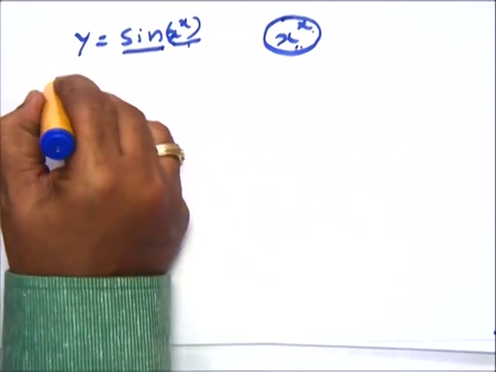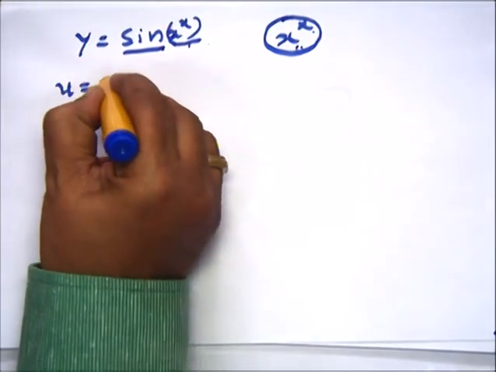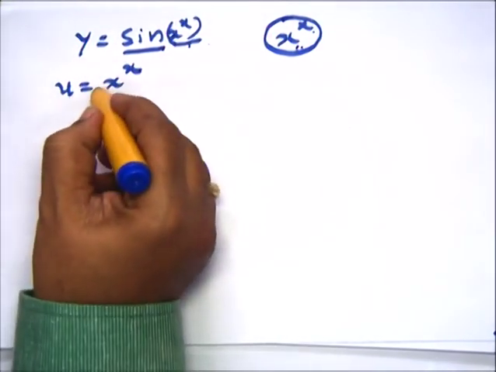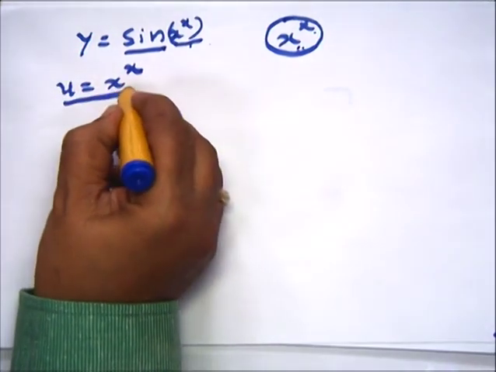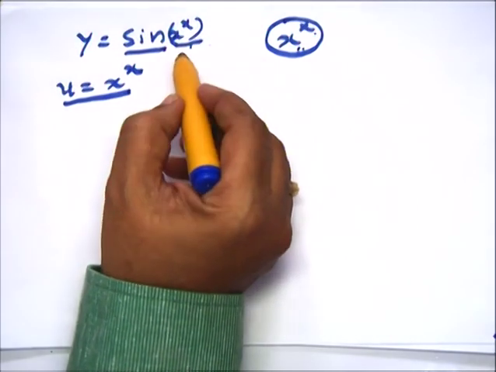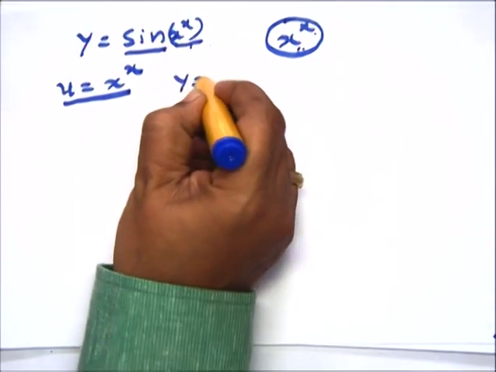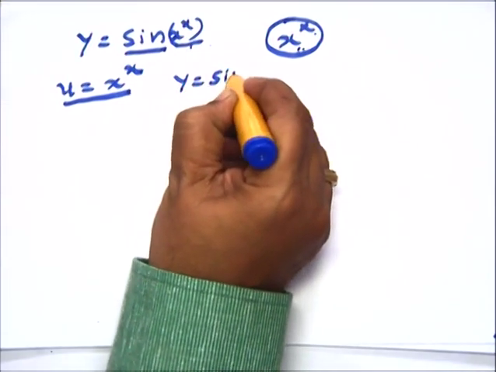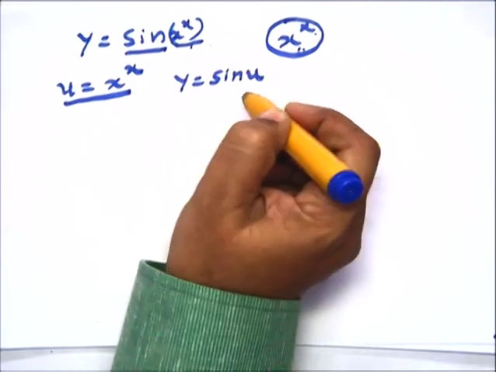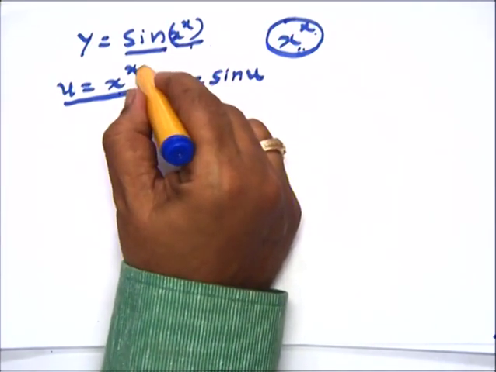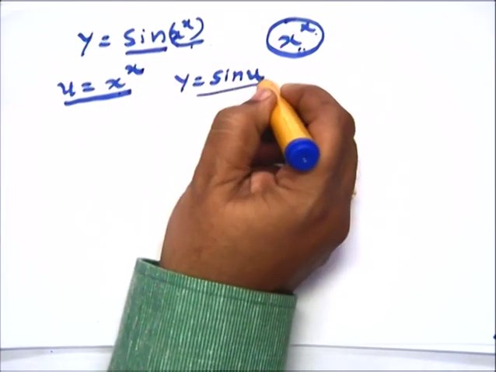So what we do here, we take u is equal to x raised to x. Now let us first differentiate this, because we need du by dx in this, and y will become sin u, because u we have taken as x raised to x. So y is equal to sin u.